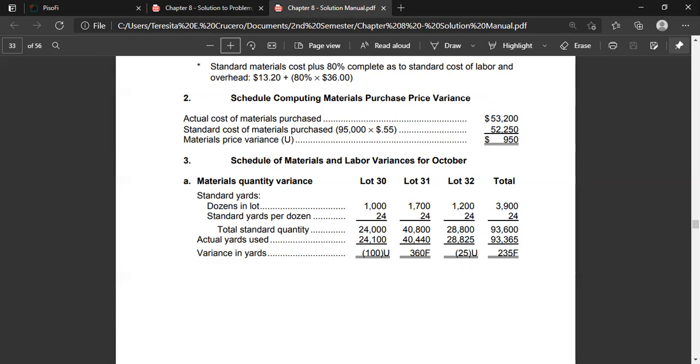Now the material price variance is 960. Again, it's unfavorable because it's debit.